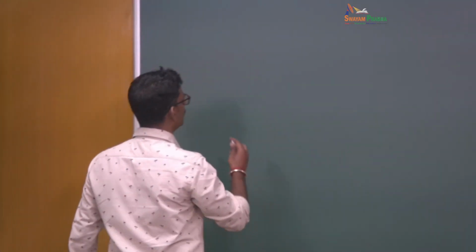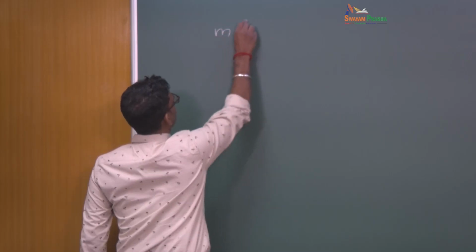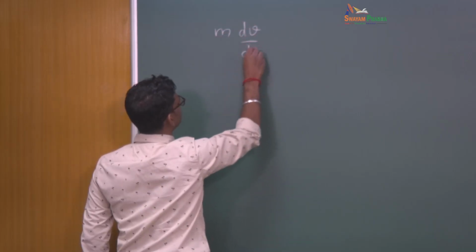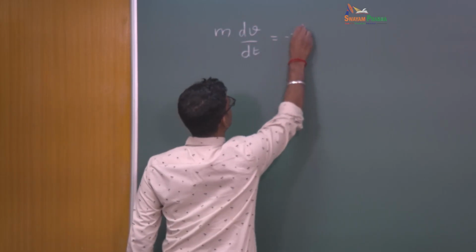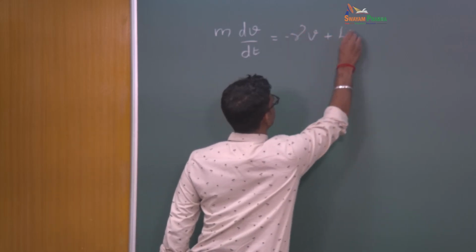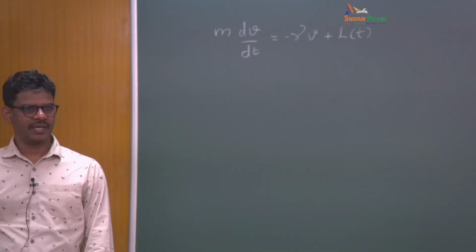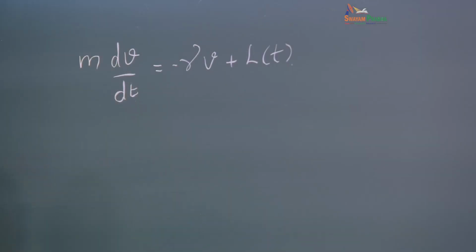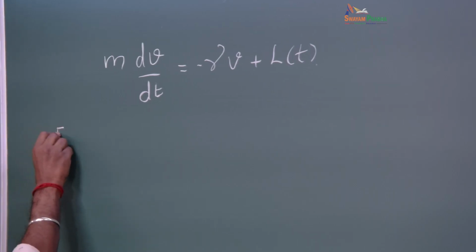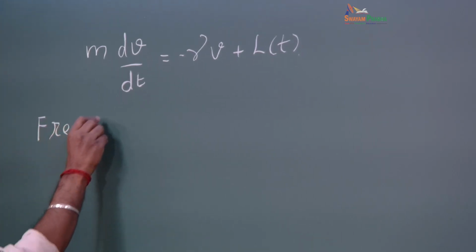So we note that the Langevin equation has this sort of formula, okay, and we say that this characterizes the free Brownian particle.